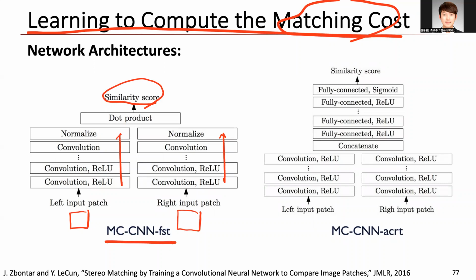And this paper, the MC-CNN upgraded version, proposed another architecture: from left patches and right patches, extract the convolutional feature vector and use an additional fully connected network to directly measure the similarity, not a dot product.